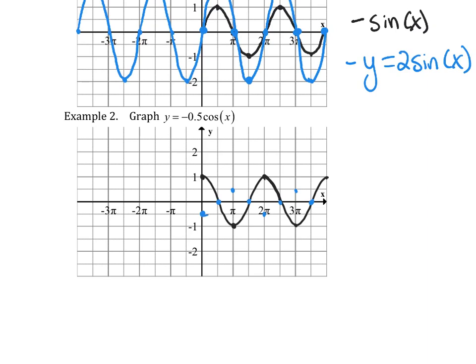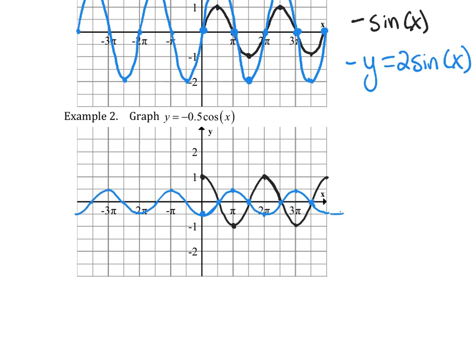The minimums would change to maximums, but half as high. Okay, and then we could just keep extending this, following the pattern of just alternating between maximums to midlines to minimums and so on.